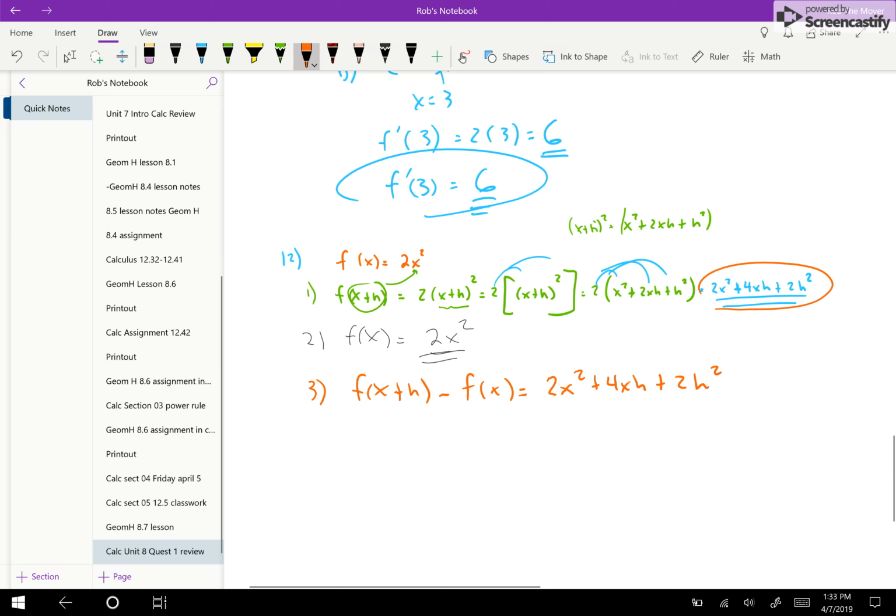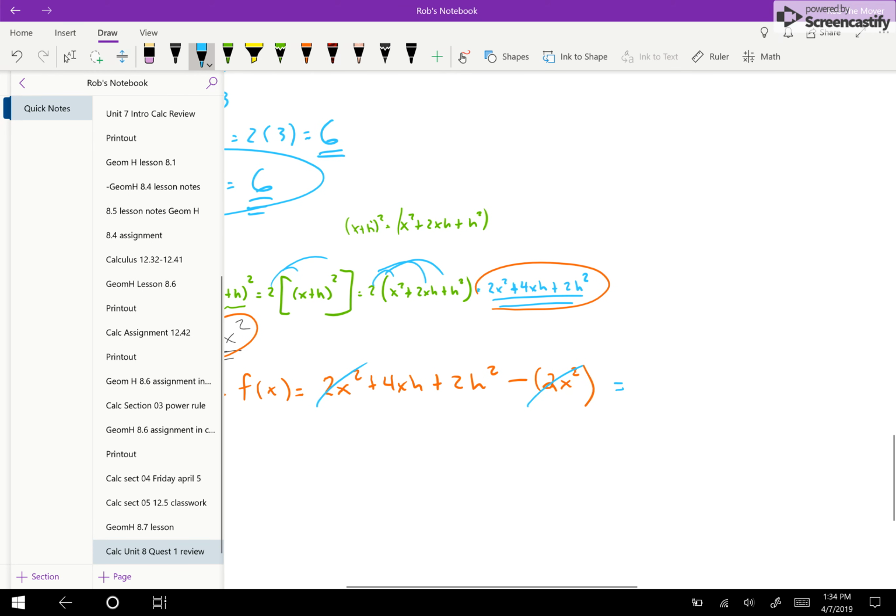I'm just repeating what this is. Minus all of f of x, which is 2x squared. Now look what happens. 2x squared cancels out. I'm just going to get 4xh plus 2h squared.